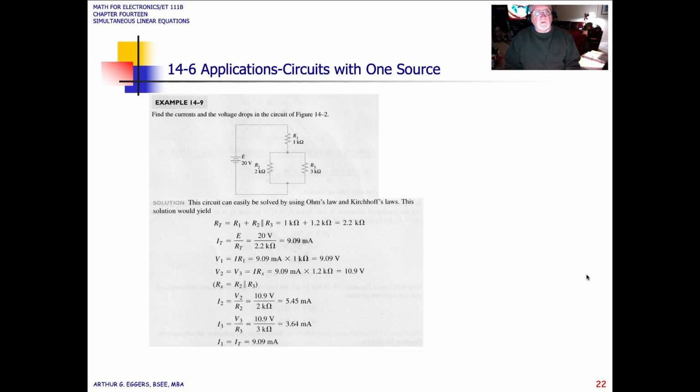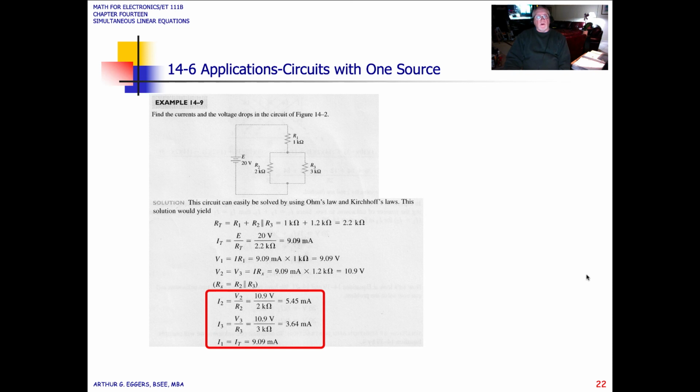Okay, so the current through the resistor R2 is that applied voltage, or that drop of 10.9 volts, divided by a 2K ohm resistor, and we have 5.45 milliamps. Do the same thing for the current I3 through resistor R3, and we have 3.64 milliamps.